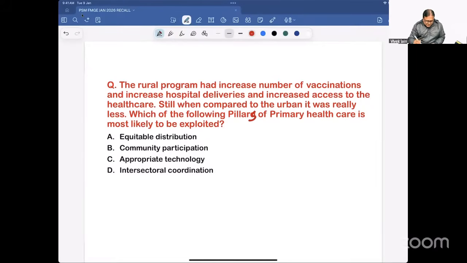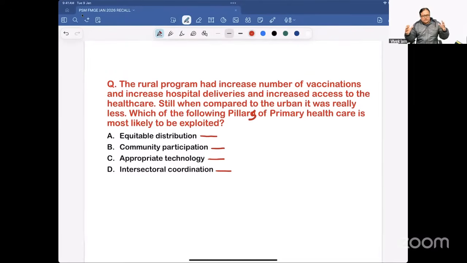See, let us quickly do. Equitable: whether services are the same throughout the geography of the country. Community participation: anyone from the community is participating, like an ASHA worker. Appropriate technology: cheaper technology gives results like expensive technology, ORS, breastfeeding. Intersectoral coordination: different sectors are coordinating or not. So the answer was fairly easy, direct, equitable distribution.